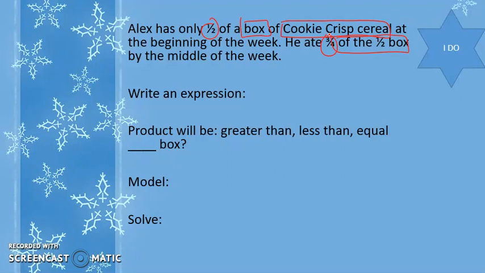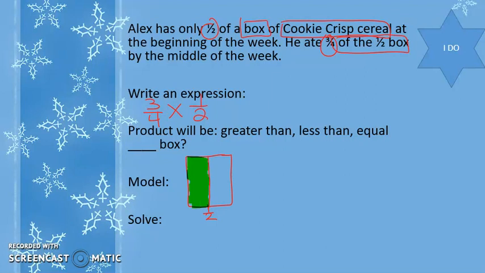So our expression would be 3/4, because he ate 3/4 of, there's our multiplication, 1/2 of the original box that he had. And in order to do a model, we're going to have to use our area model. So we're going to break apart our model into 1/2, and we're going to shade 1 out of 2 parts to show 1/2 of the box that he started with.